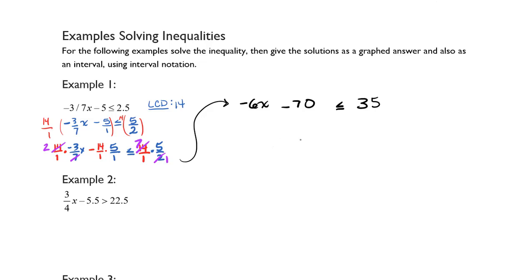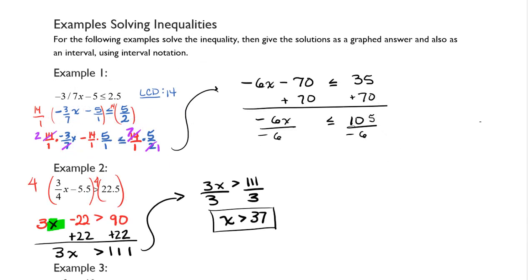And so now this is a fairly straightforward inequality. We would just add 70 to both sides. And now we have negative 6x is less than or equal to 105. Divide both sides by negative 6. And when I divide an inequality by negative 6, I have to flip the inequality over.